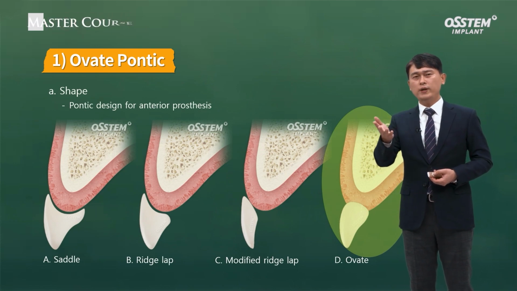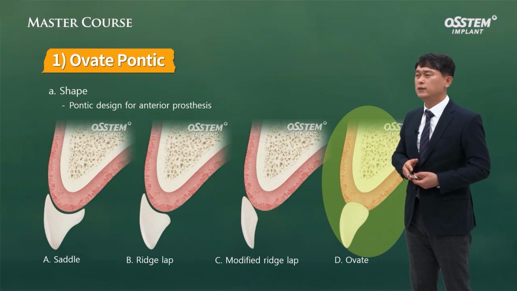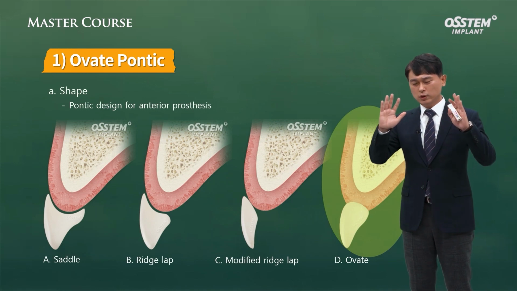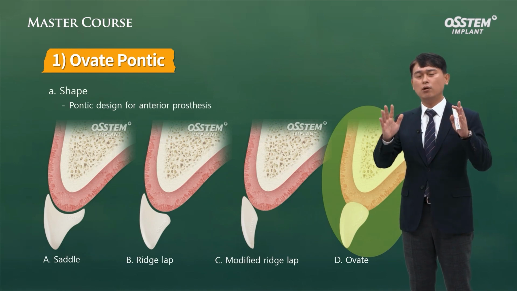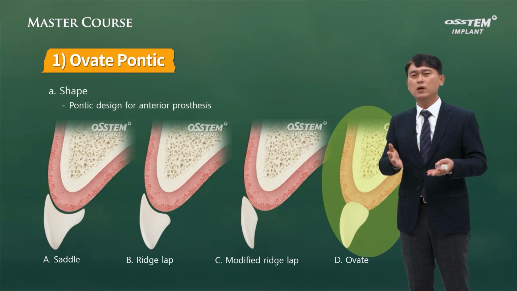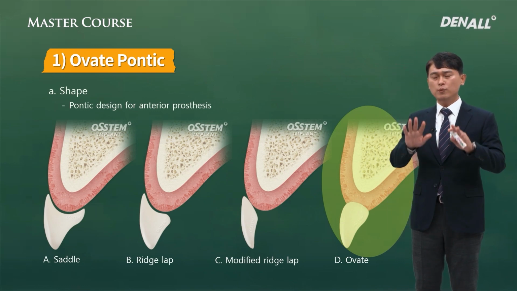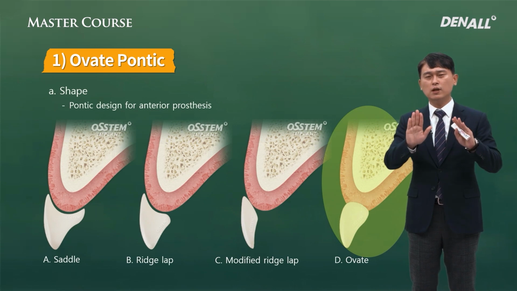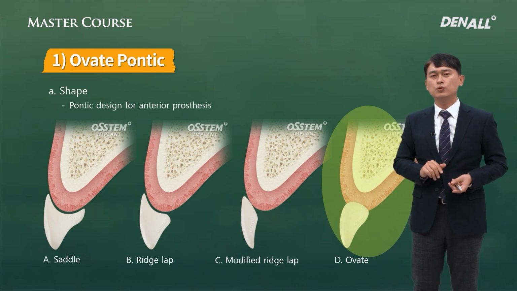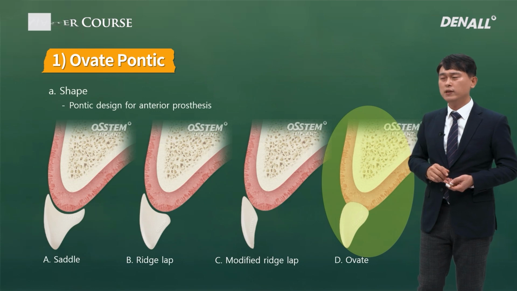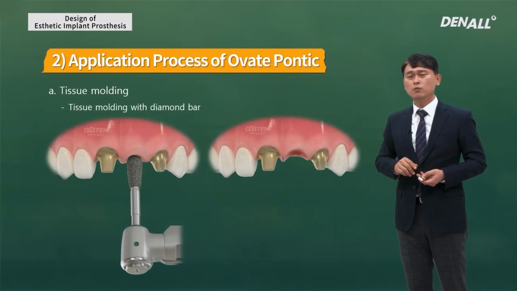So the ideal one is the ovate pontic because it is the most stable one. It has a convex shape for the contact surface, facilitating the cleaning and gum molding. Also, it can press by applying appropriate force. It is not a very tricky concept.